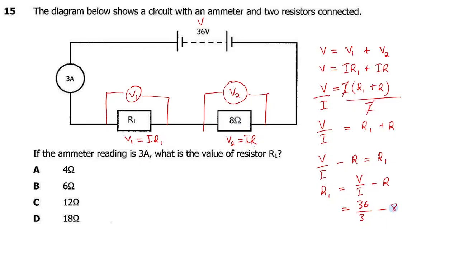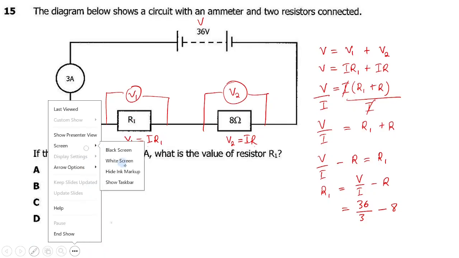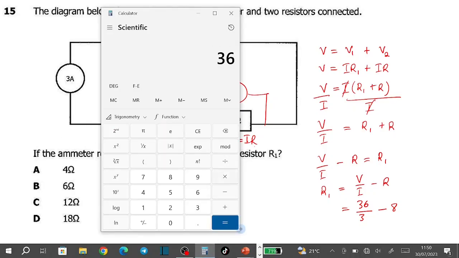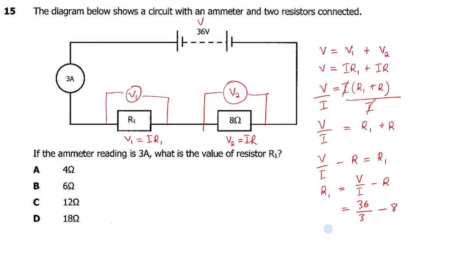Then to do that easily, we'll say 36 divided by 3 is 12, then 12 minus 8 is 4. So R1 is going to be 4 ohms, which means our answer is going to be A.